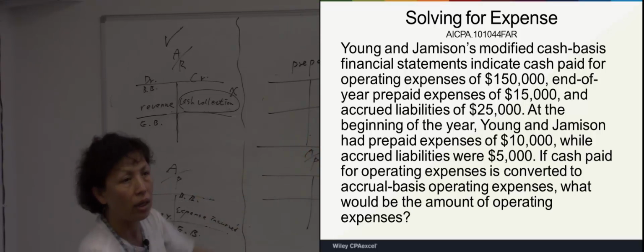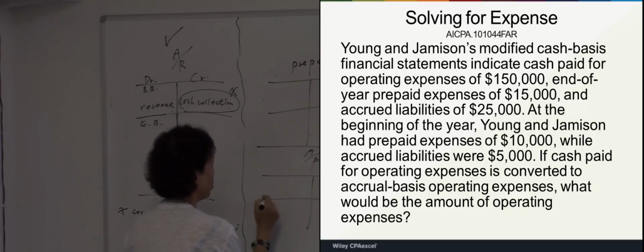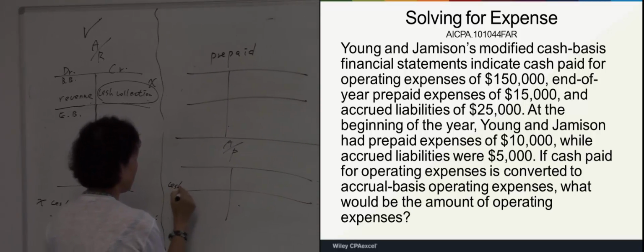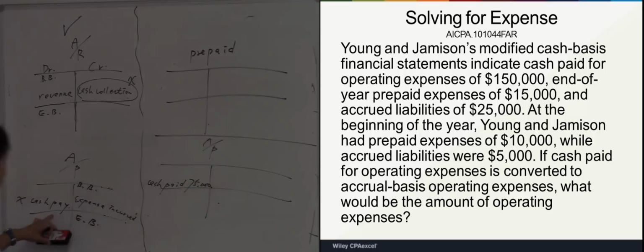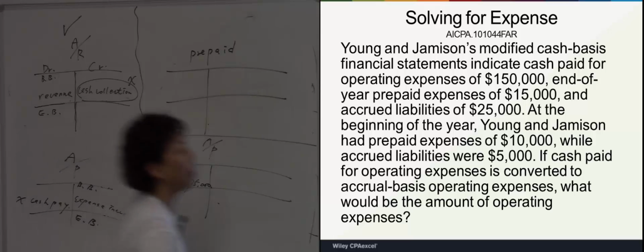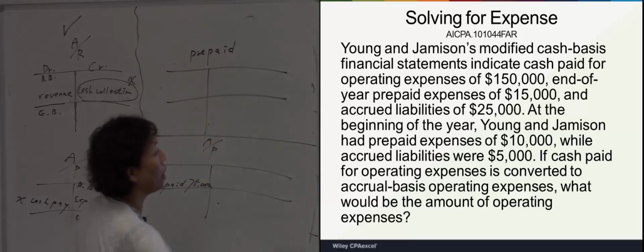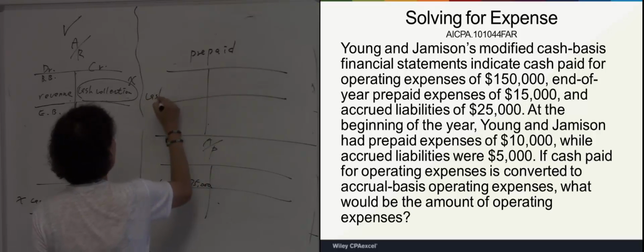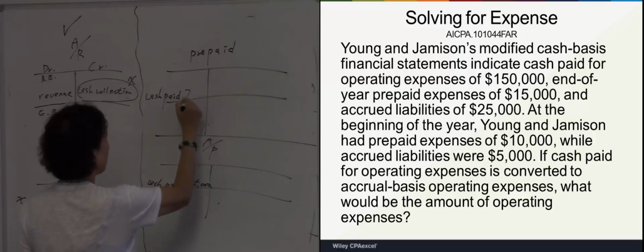Got it? So here we can just average it. We assume that cash pay here is 75,000 because cash pay is shown in debit. And we also assume cash pay for prepaid is 75,000, so it's also shown in debit.